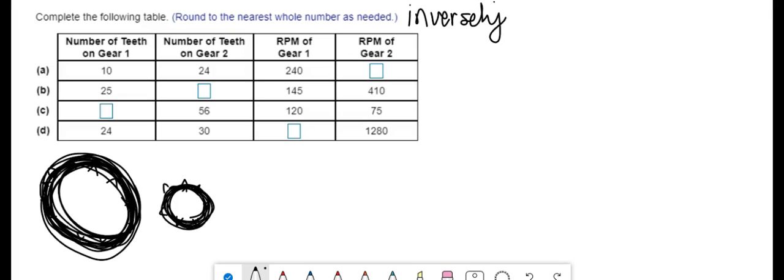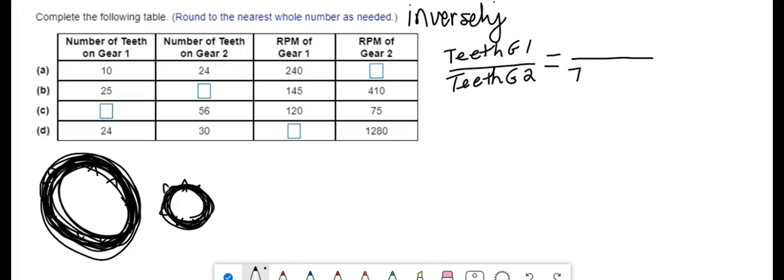Therefore, when we set this up, it's going to be teeth on gear 1 to teeth on gear 2 is equal to, and I'm going to put the, not the teeth, excuse me, that's supposed to be RPM of gear 1 and RPM of gear 2.